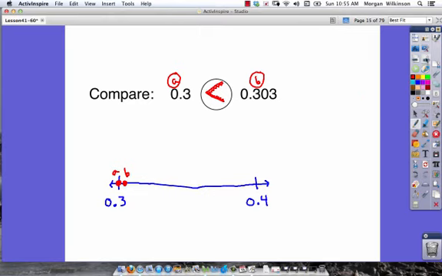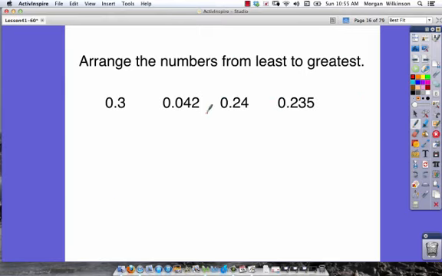Let's look at our next example. Here we want to arrange the numbers from least to greatest. So in this, if we want to find the smallest number, we're going to start from the left of each number, and then we're going to work across to find which one's the smallest. Well, we've got 0 in the ones, 0 in the ones, 0 in the ones, and 0 in the ones.